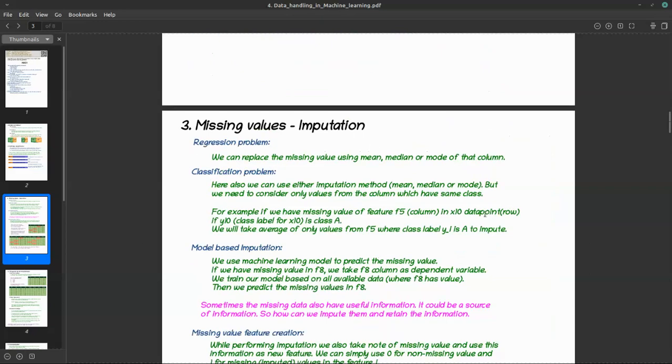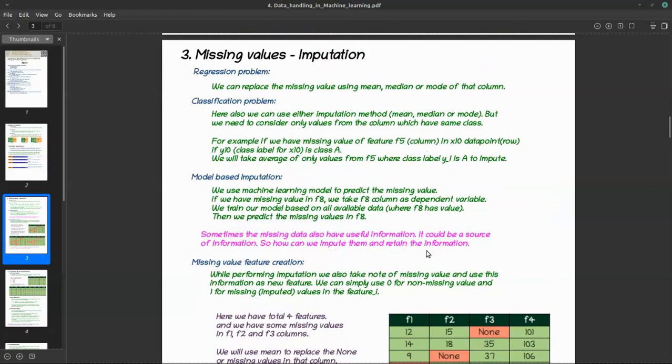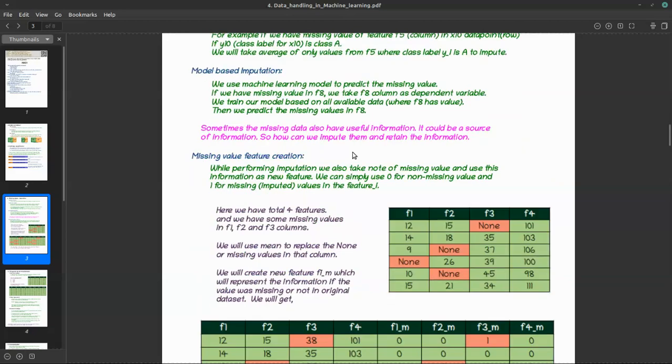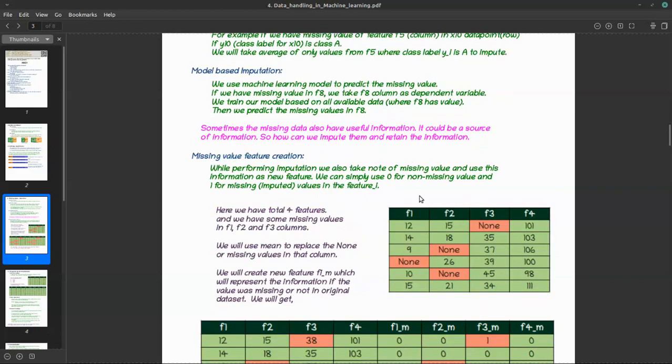If it is a simple regression problem and you have a numerical column, then just use mean, median, or mode, or any central tendency statistical measure. If it is a simple classification problem and a numerical column is missing, then you just take the average of the same class values, not all the values available in this column.